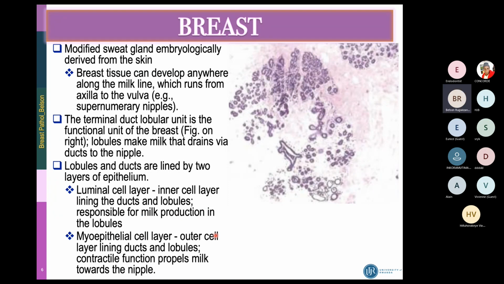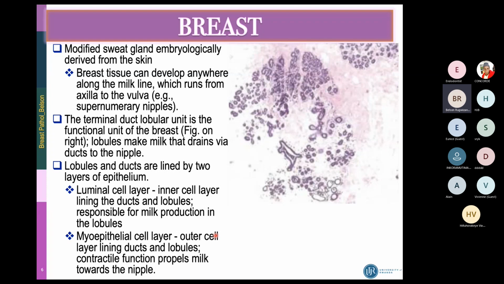I think I mentioned this when we saw prostate. Prostate is also the same. In the glands, we have secretory cells, but behind them we have small cells which are called the myoepithelial cells or basal cells. Their role is to contract. When they contract, they propel milk towards the nipple.